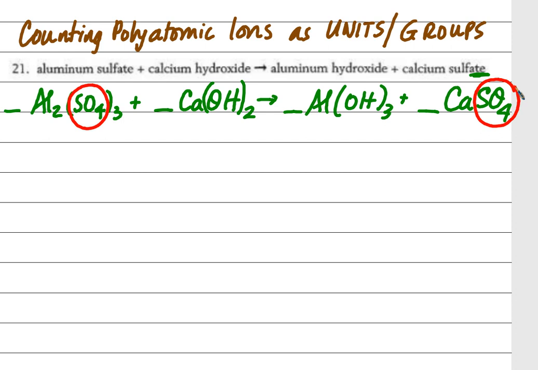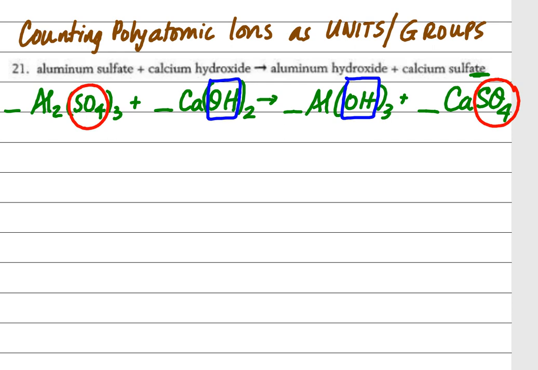Sulfate group. And here's the other confusing thing. You see hydroxide is this group right here? Hydroxide can be counted as a group. And so now we're going to learn how to count in groups.